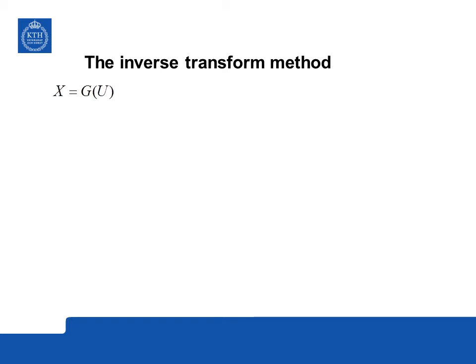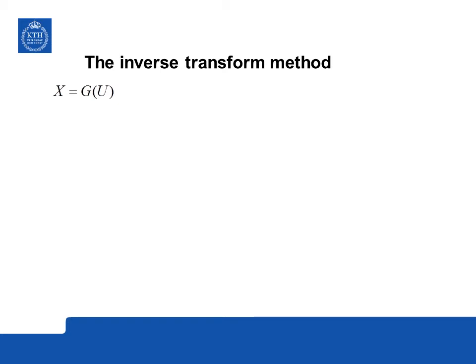And the trick we want to use is that we apply a function g on the uniform variable U, and that should give us X. So the question is now, how should we choose g such that X gets the wanted distribution?